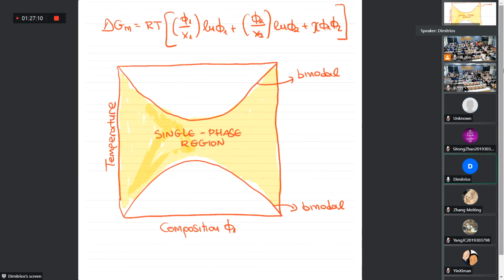When we move at temperatures in this region and compositions in this region, we have a single phase region. However, in the case of a two-phase region, we have a separation within this two-phase region.